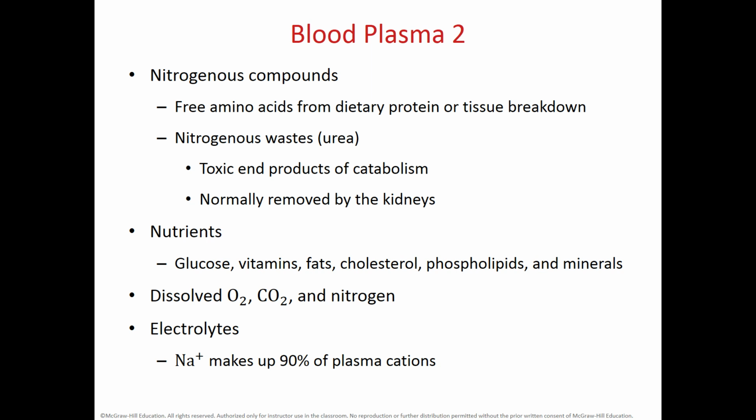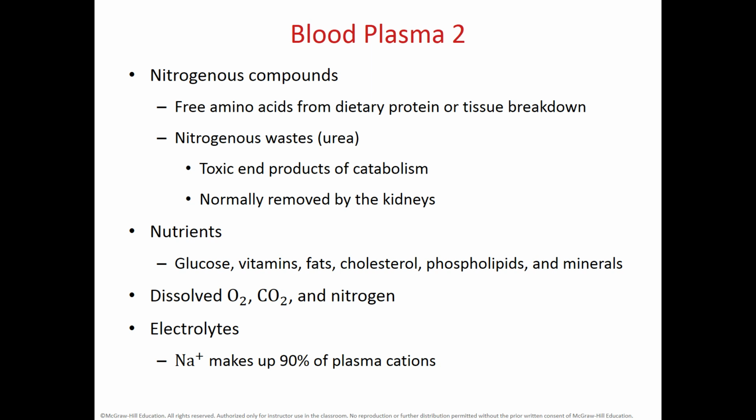Another type of nitrogenous compound that you can have within the plasma will be nitrogenous wastes like urea, which is the end product of the catabolism of proteins. When you have urea in your blood, the urea will be removed from your body by the kidneys because urea is toxic for our cells. So you have to remove that toxic waste using your kidneys.